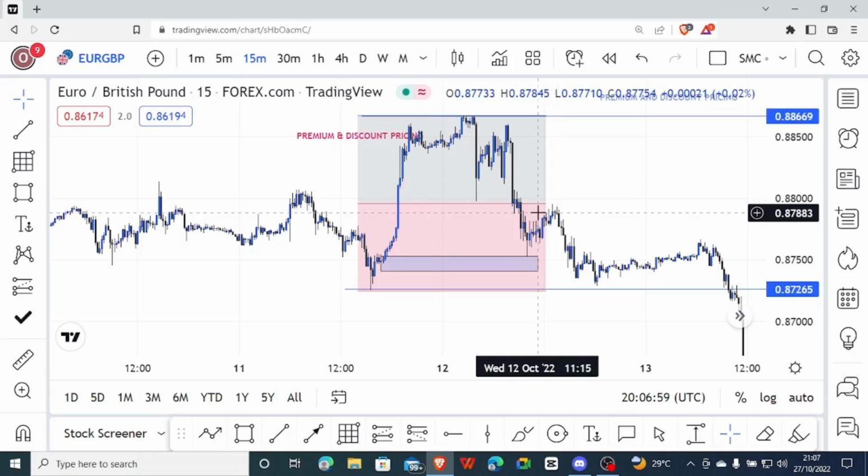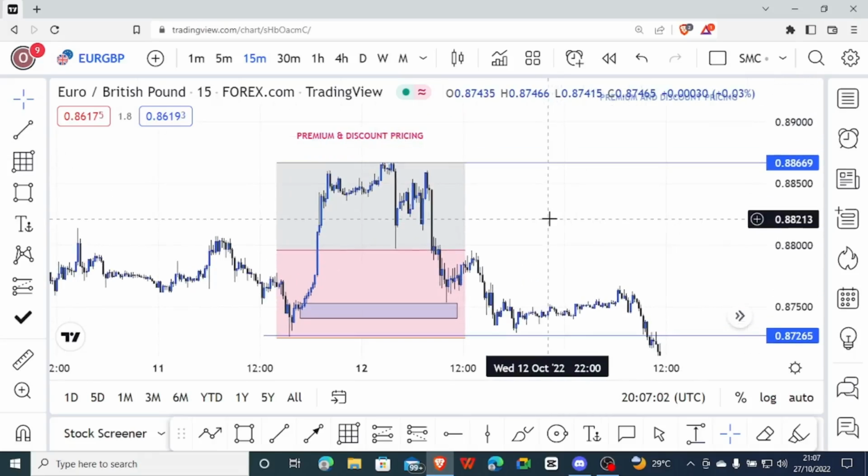All right, so that is the whole concept of premium and discount pricing. This is the way for you to trade premium and discount pricing. I will advise that if you are buying the market, buy from the extreme of your discount zone. If you are selling the market, sell from the extreme of your premium zone.